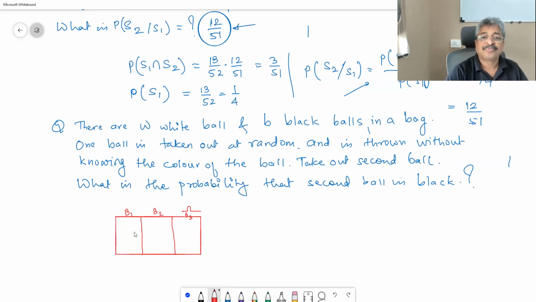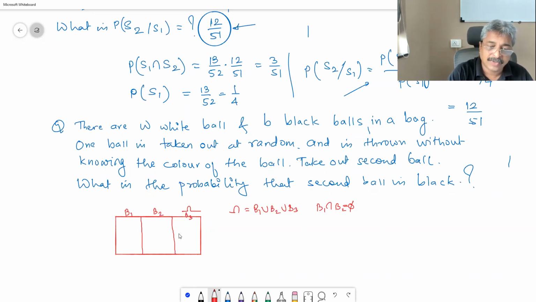They are mutually exclusive, collectively exhaustive. So omega is B1 union B2 union B3, and B1 intersection B2 is empty. Suppose mutually exclusive, collectively exhaustive, there are three events, B1, B2 and B3.